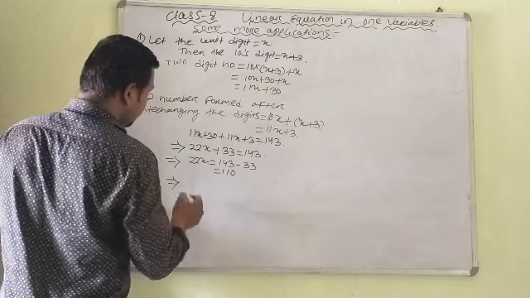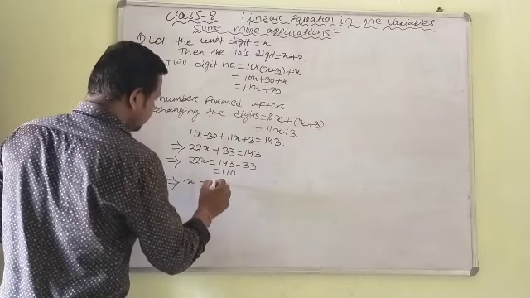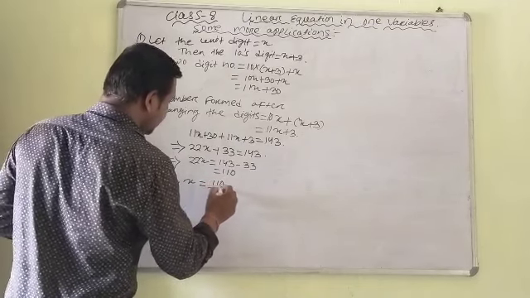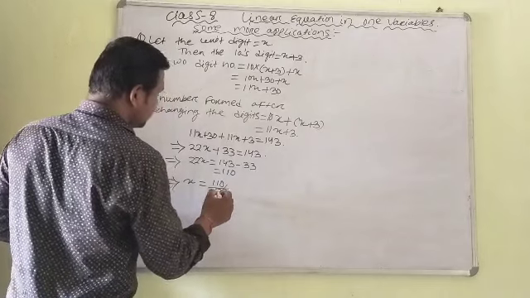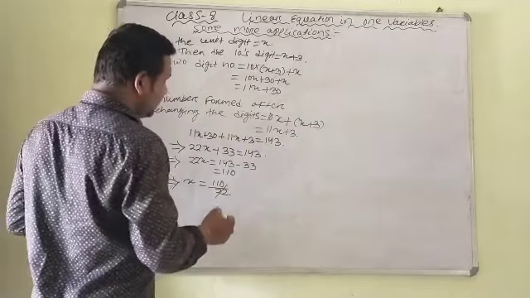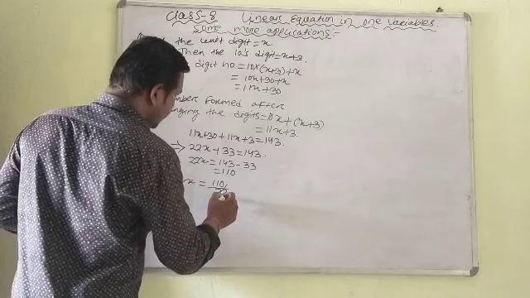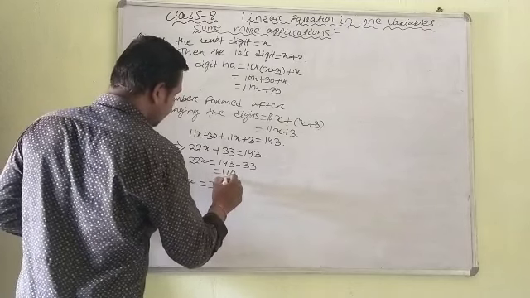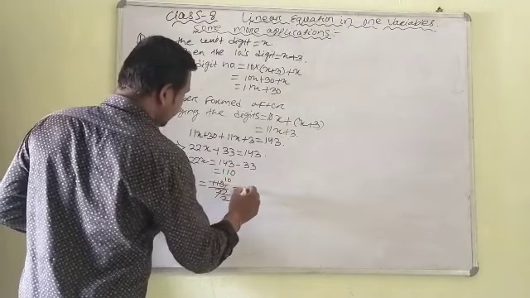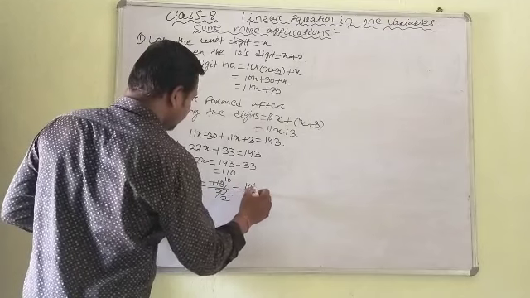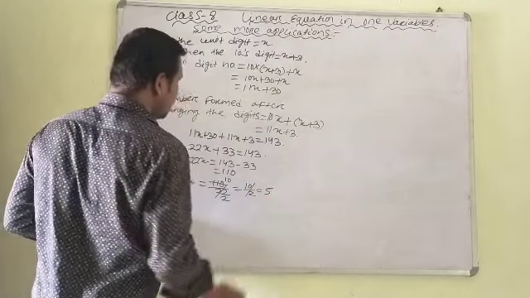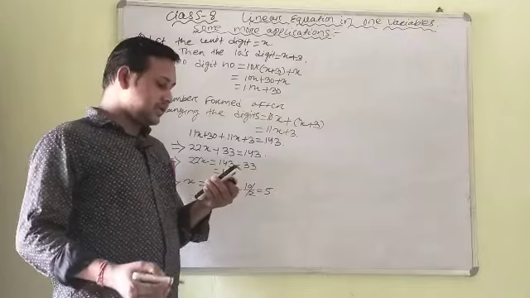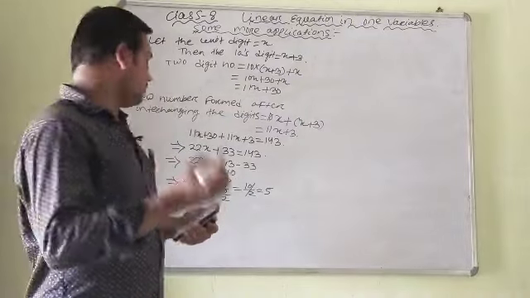Okay. Now x will be equal to 110 by 22. So it will be divisible by 11. So we will write 11 2s are 22, then 11 1 0, 10. 10 by 2. After solving we got x equal to 5. And it's given, find out the original number.